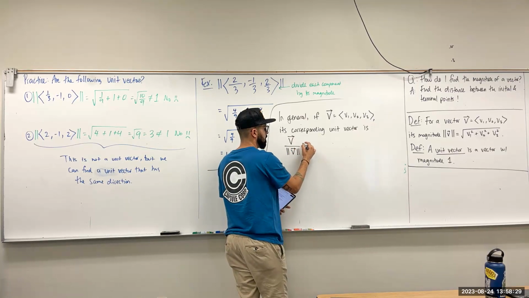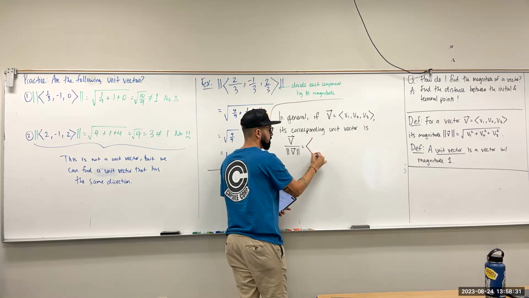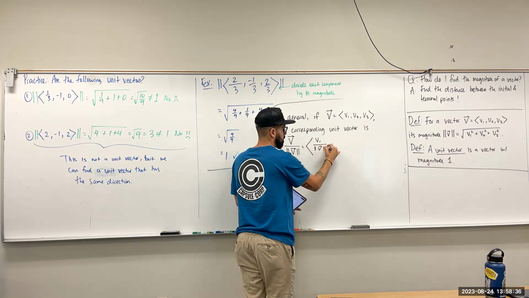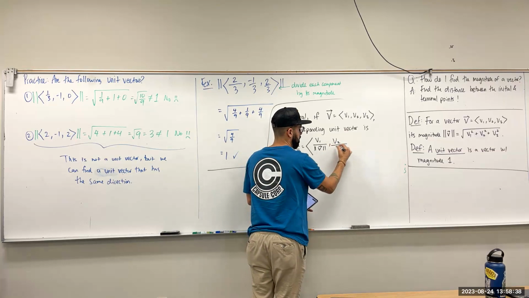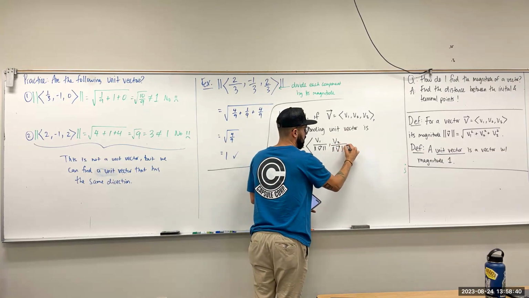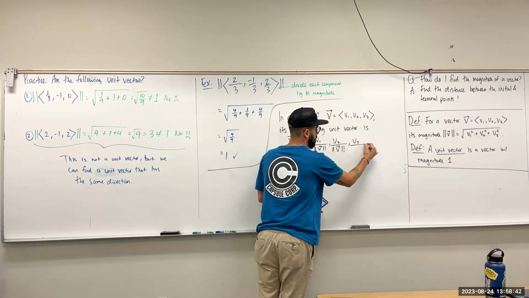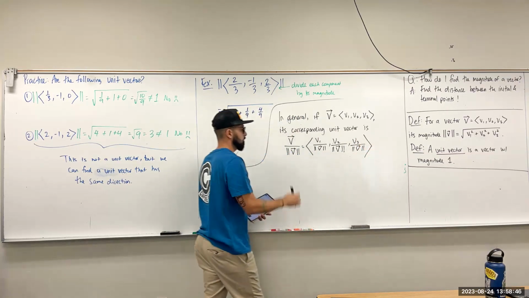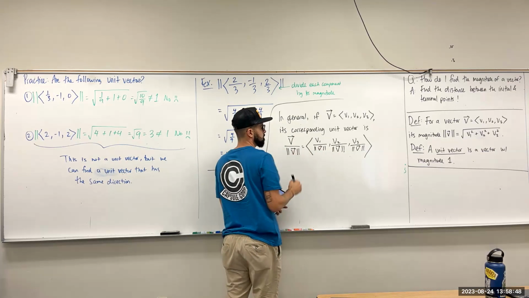But remember what it really means. It means that you're dividing each of its components by that magnitude. A lot of writing, sorry. That's what it really means. So when you see this, it really means that.